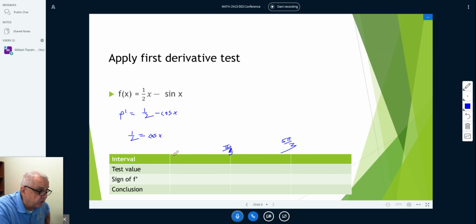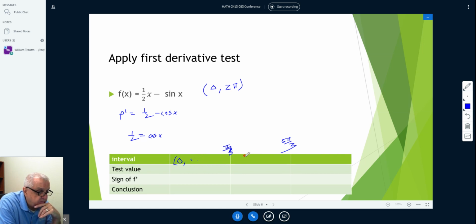So the interval, by the way, even though I didn't mention this in the problem, when they do trig functions like this, they want to keep our interval between 0 and 2 pi. We're not going from negative infinity to positive infinity. We're going between 0 and 2 pi. So our first interval is 0 to pi over 3.